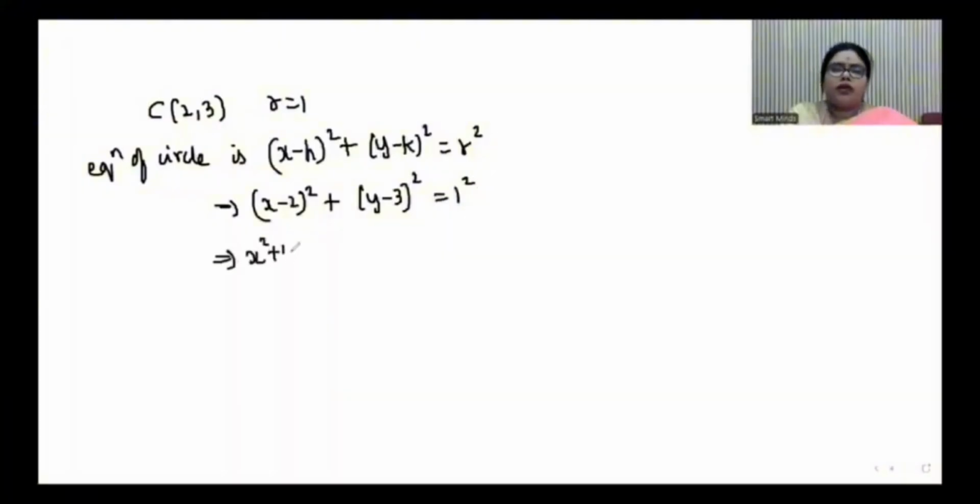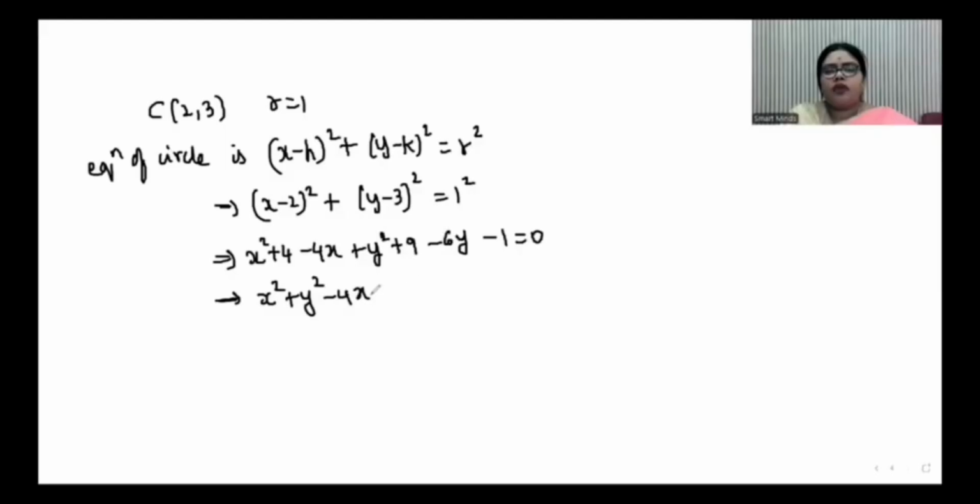So x square plus 4 minus 4x plus y square plus 9 minus 6y minus 1 is equal to 0. So that is x square plus y square minus 4x minus 6y. 4 plus 9 is 13. 13 minus 1 is 12. 12 is 0.